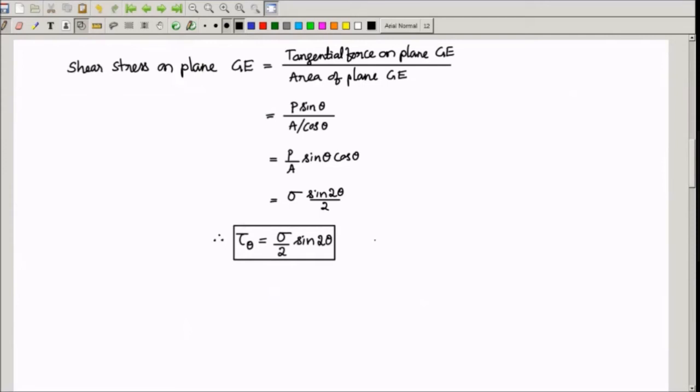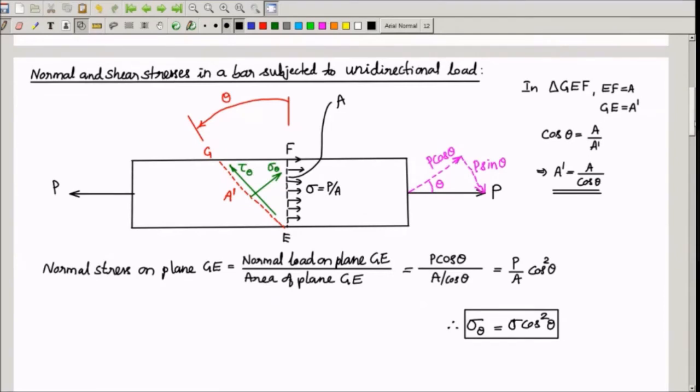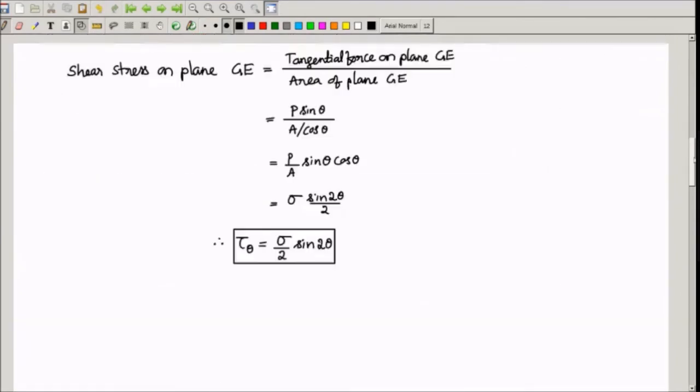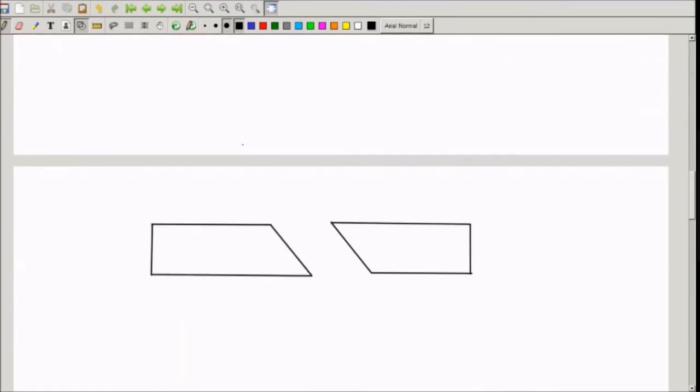So in a uniaxial member also, we can find out shear stress and normal stress on any arbitrary plane like this. If I divide this member now about the plane G and try to write the equilibrium of forces, how does it look? It looks like this. There will be an applied force here, like this.